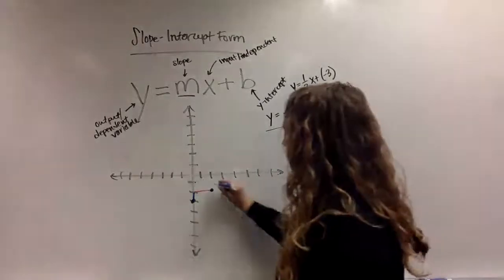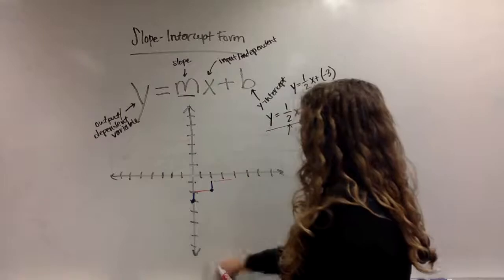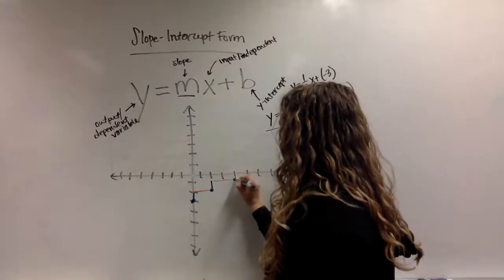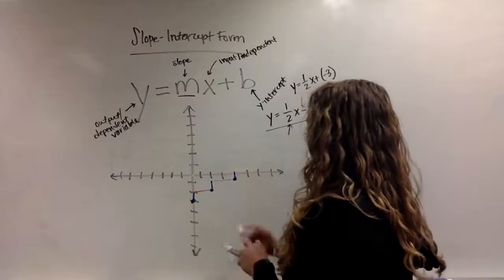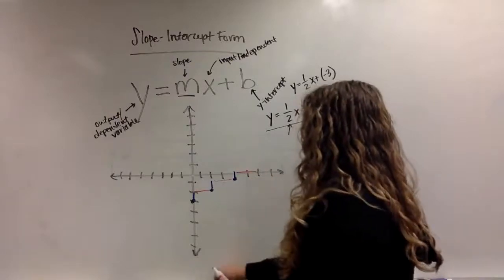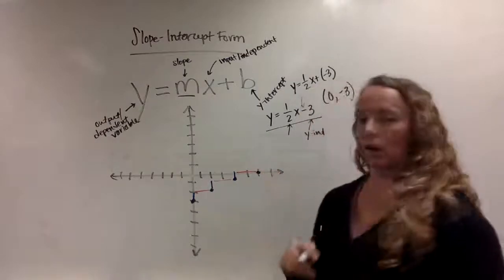Again, up 1 unit, over 2 units, make a dot. I can do this over and over again.